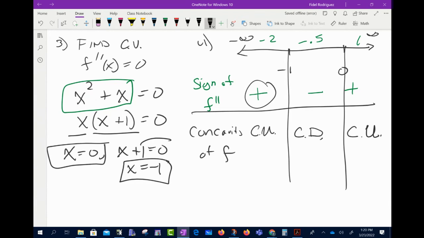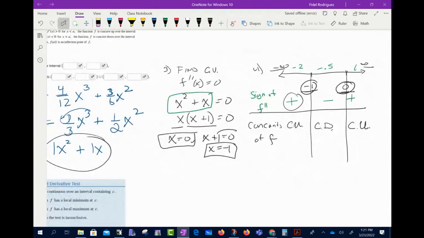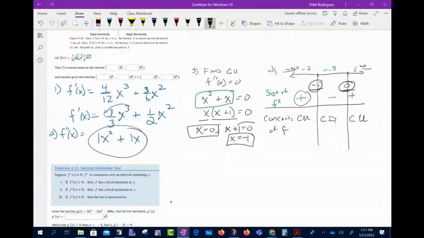So now, remember what the intervals I'm looking at, y'all. These are my intervals. From negative infinity to negative 1, from negative 1 to 0, from 0 to infinity. Okay. So now, when I zoom out over here, it says it's concave down over which interval?